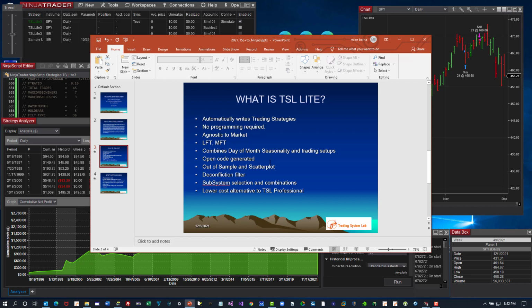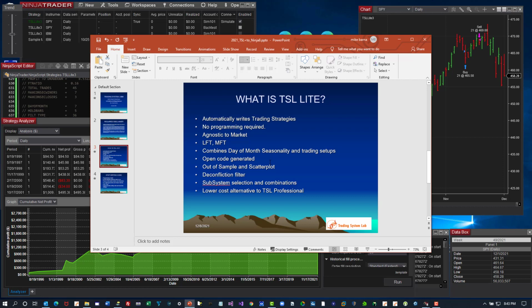You can also disassemble the code and look at it and understand completely how it works. It's actually quite simple when it gets disassembled. The complexity becomes in the way that the subsystems are combined and the engine that actually generates the code.